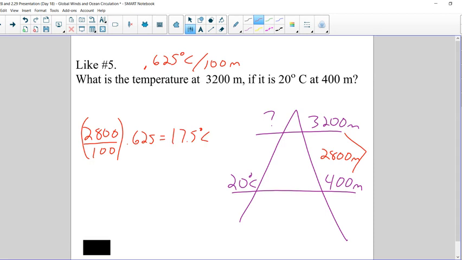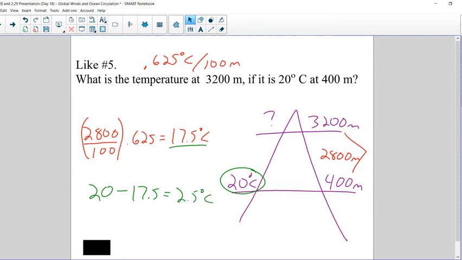That is not my temperature. That is simply how much the temperature is going to change. I started at 20 degrees, and it went down by 17.5. So I'm going to do 20 minus 17.5, and that's going to be 2.5 degrees Celsius. Okay, check my work, and I got the right answer.